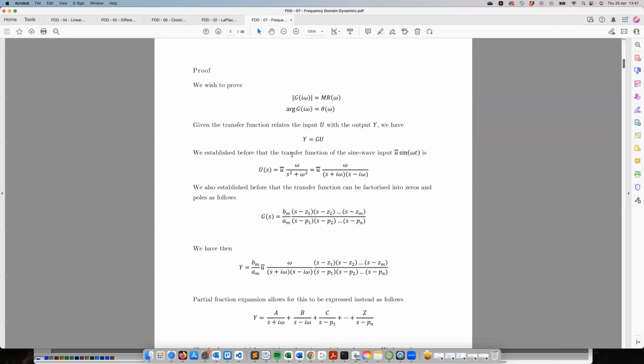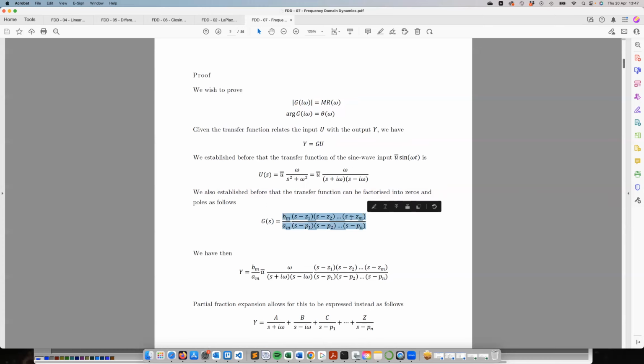Right, so that's the input side. And then we have our general transfer function. Although we are not sure that we actually know what that transfer function is, let's just propose that there's a general form like this. In our transfer function, we'll have a certain number of zeros, a certain number of poles, and we may have some constants, A and B like that.